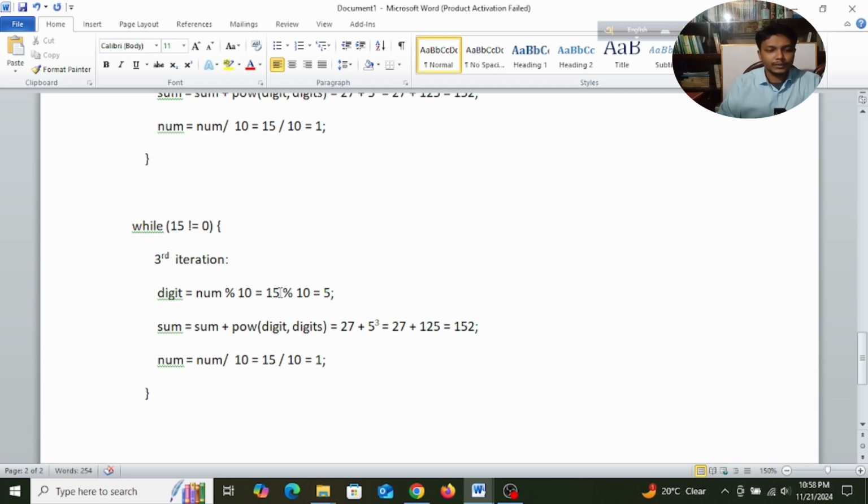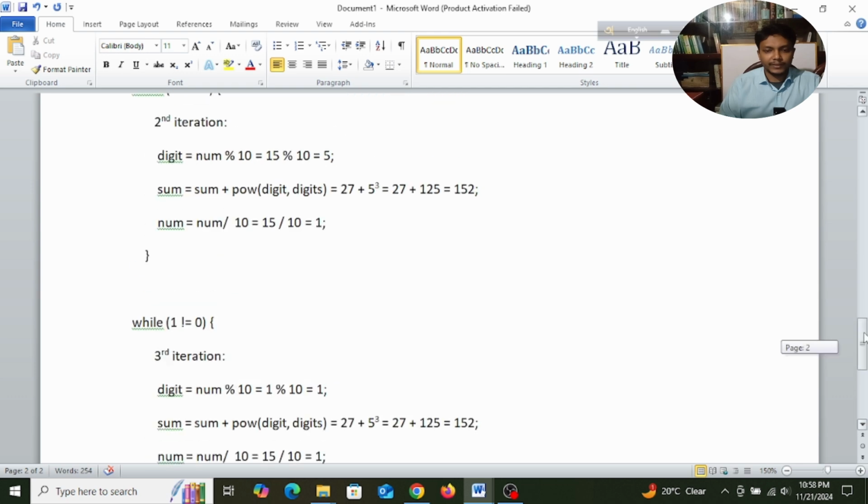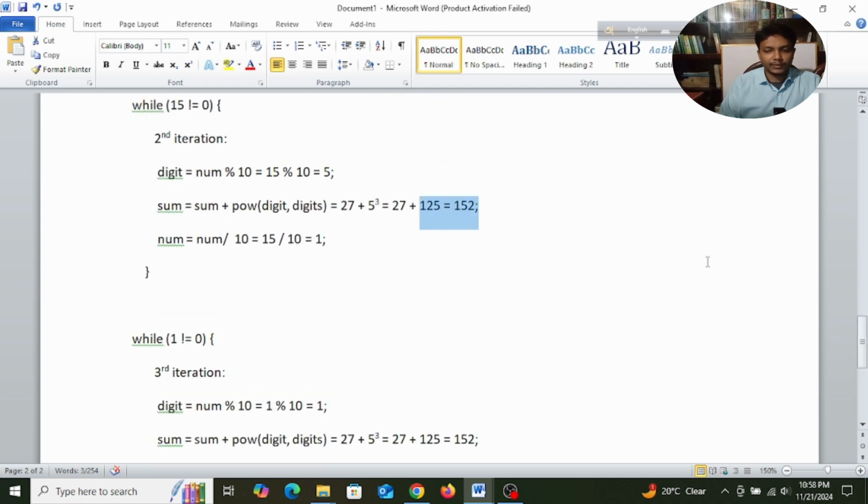So in our third iteration, number will be 1, and digit would be 1 modulus 10, right? So we will get 1, because 10 doesn't go into 1, and this 1 would be the remainder. Sum equals, in our previous iteration sum was 152, right?